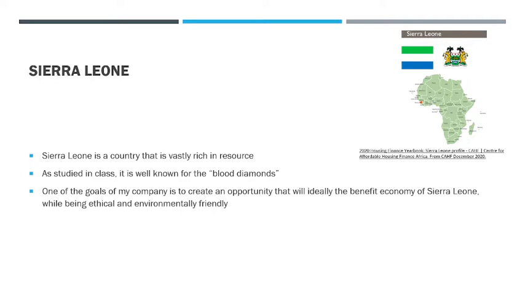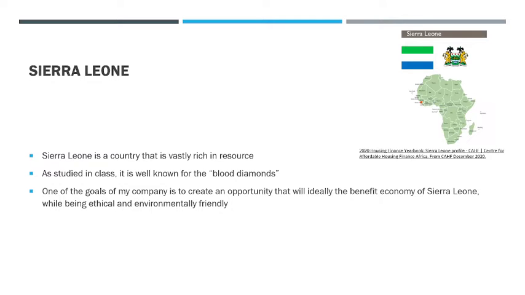As we've studied, Sierra Leone is a vastly resource-rich country. Although they're rich in resources, they are extremely poor and one of the poorest countries on Earth. This is kind of why they've been somewhat targeted, because they have a lot of resources and not really much way to extract these resources efficiently.